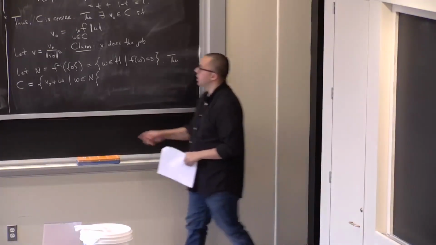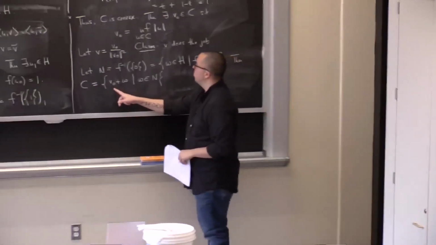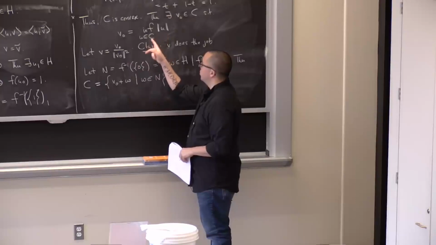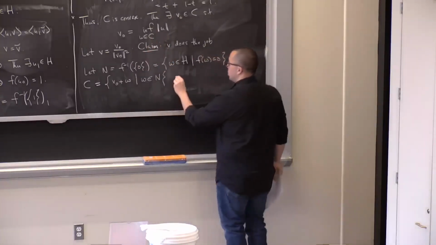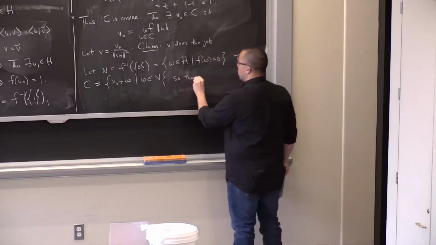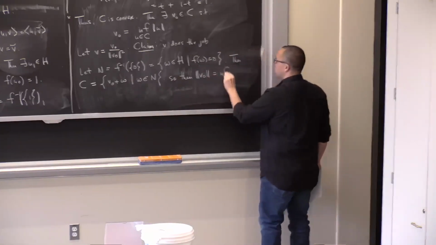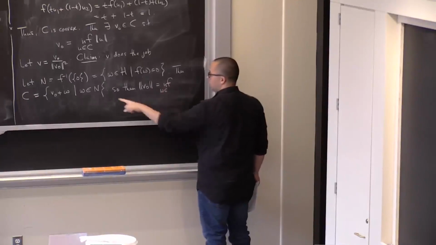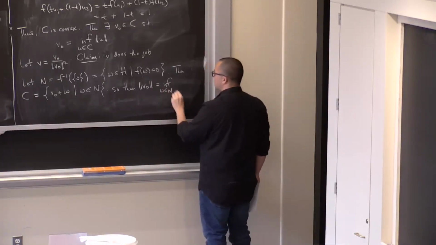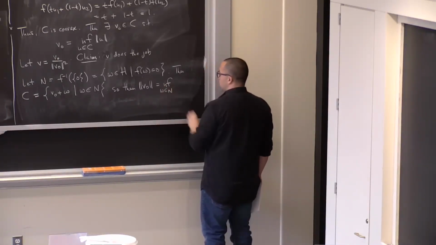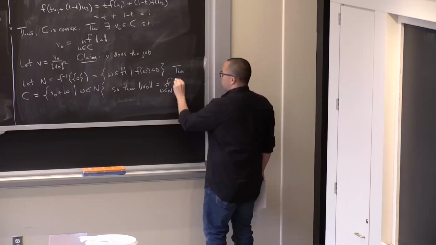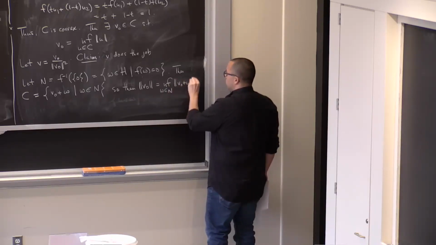Okay? And what is v naught again? v naught is the infimum of the norms of all of these guys, so it is equal to the infimum over w in N of the norm of v naught plus w, if I'm writing C in that way.